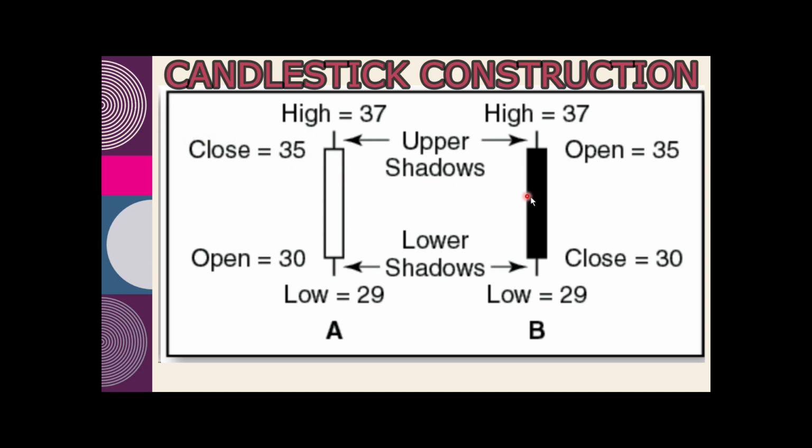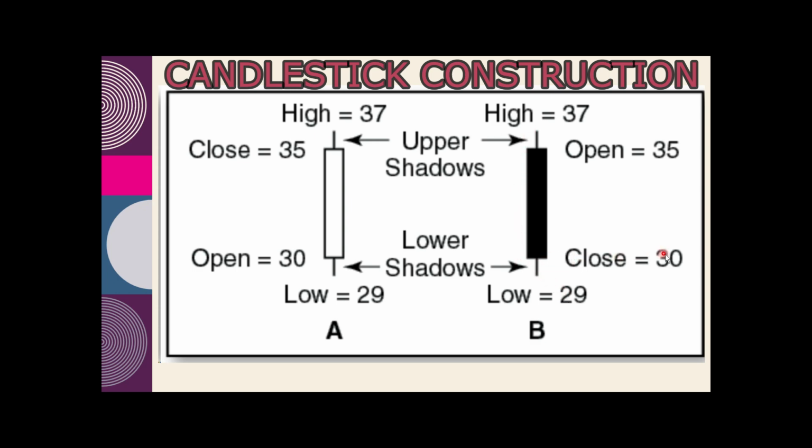Similarly, let us see an example for a bearish candle. In the bearish candle, price opens at 35. During the day, if it is a candle in a daily chart, the price reached a low of 29 and a high of 37.